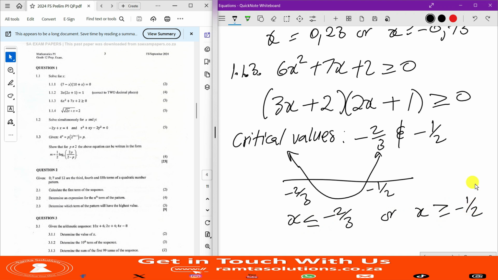By the way, -2 over 3 is indeed less than -half, because it is -0.67, and -half is -0.5. So this is super correct.